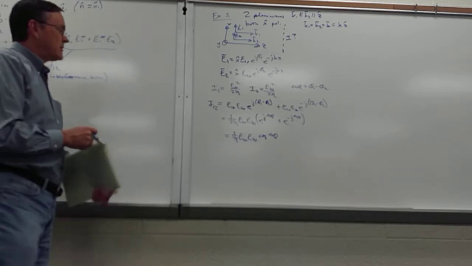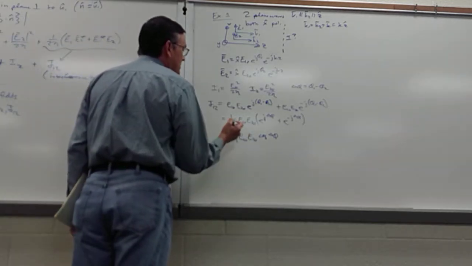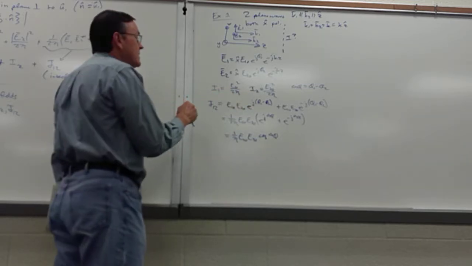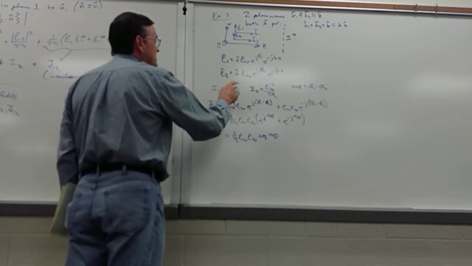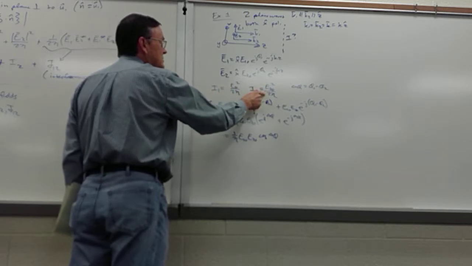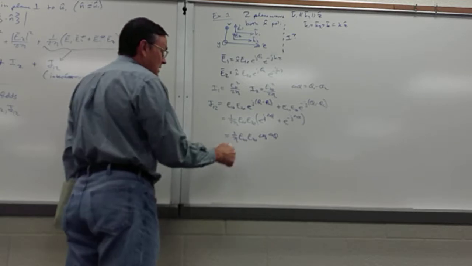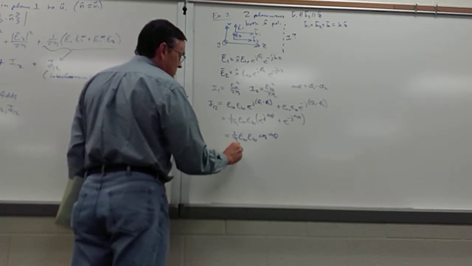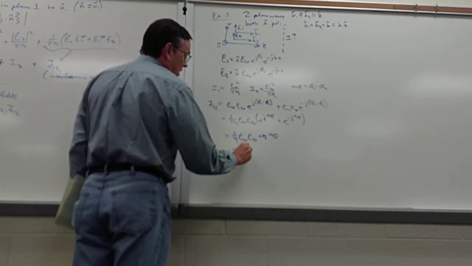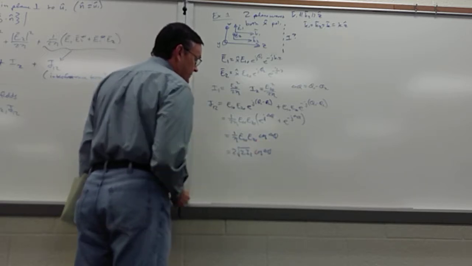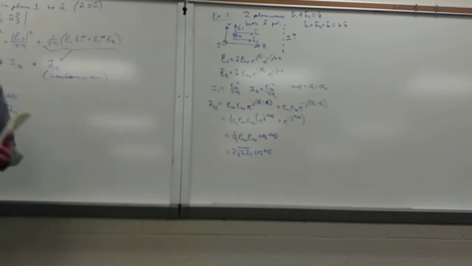All right, and then we're not quite done. Here we have I1 and I2. Notice the square root of I1, square root of I2, and compare it to this. We see that that is 2 times the square root of I1 I2, cosine of delta phi. So that's our interference term.